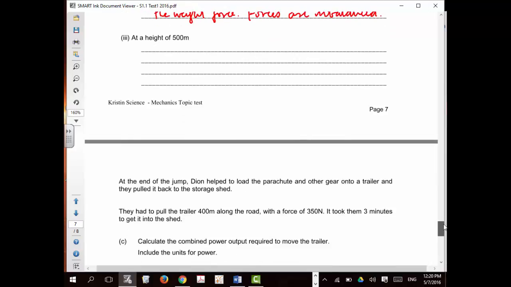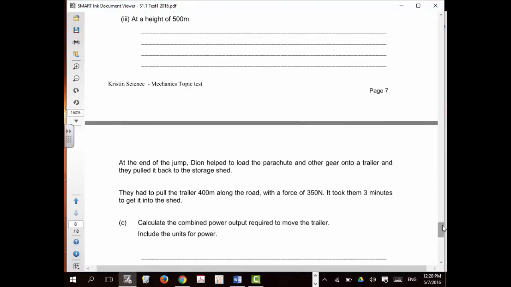Okay, at a height of 500 meters, remember in the question it said that after reaching 1,000 meters, they then continued at a constant speed until they reached the ground. Constant speed of 6 meters per second, it said. So at a height of 500 meters, they're moving at a constant speed of 6 meters per second.